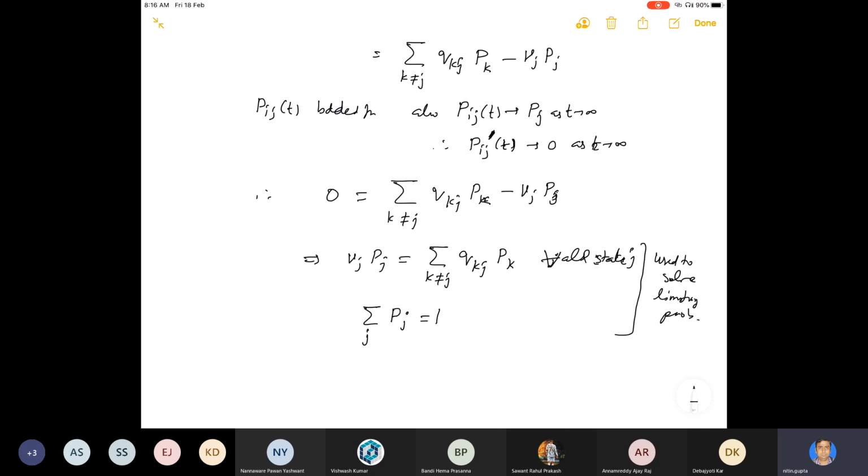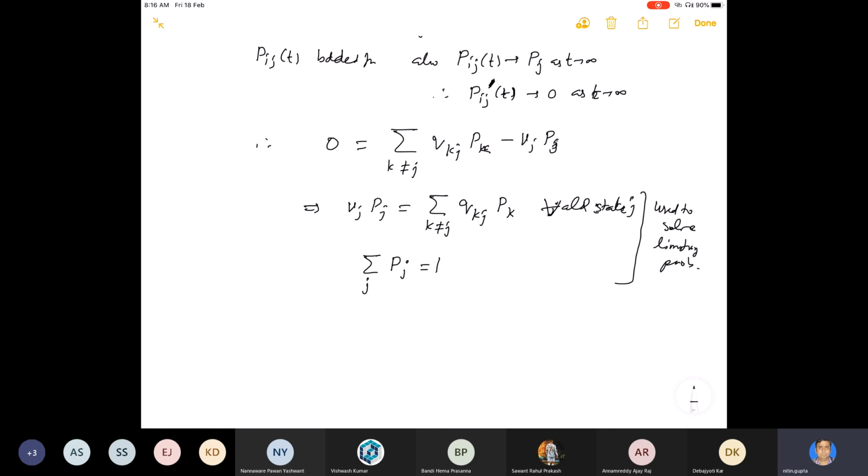Now we have assumed that the limiting probability exists. A sufficient condition is that all states of the Markov chain communicate, in the sense that starting in state I, there is a positive probability of ever being in state J for all I and J. And the Markov chain is positive recurrent, in the sense that starting in any state, the mean time to return to that state is finite.